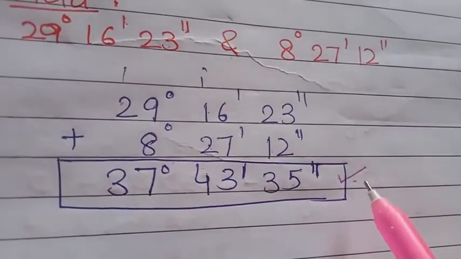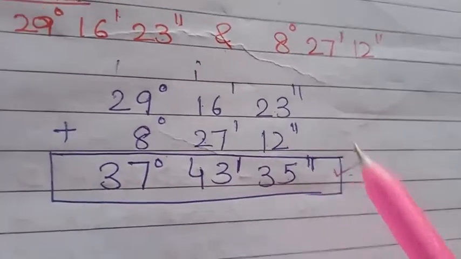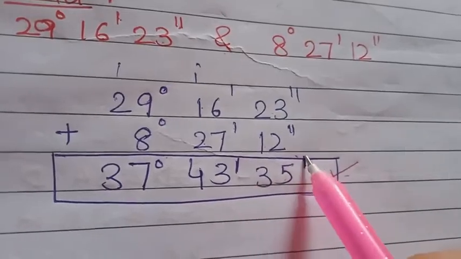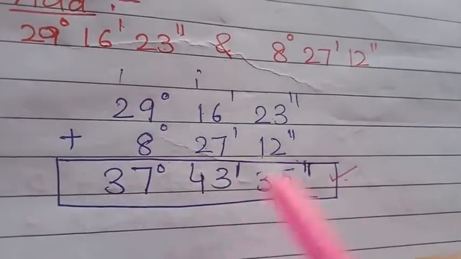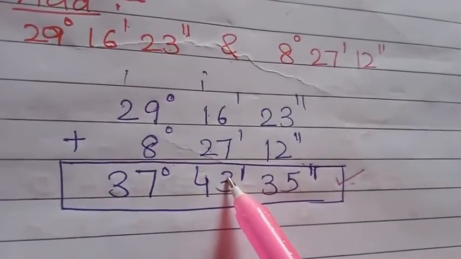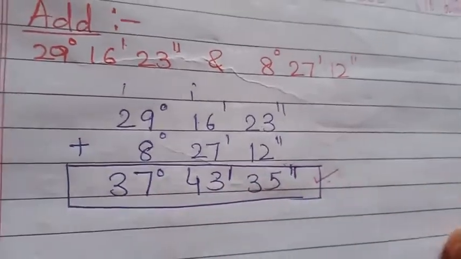But in some cases you will see that this number or this number, that is seconds or minutes, are more than 60, then we have to follow different rules. Let us see how.